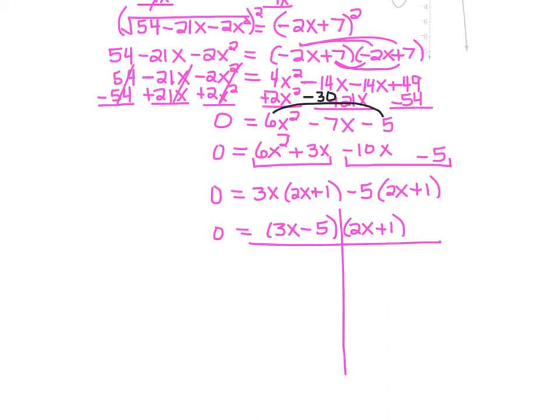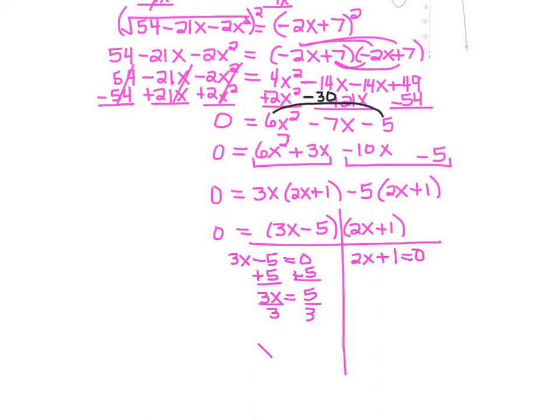If you can't look at it and do it like that, no big deal. Just set each of these factors equal to 0. And then just solve these equations. Okay, so when we solve the first one, we would add 5. And then to get the x by itself, we would divide by 3.